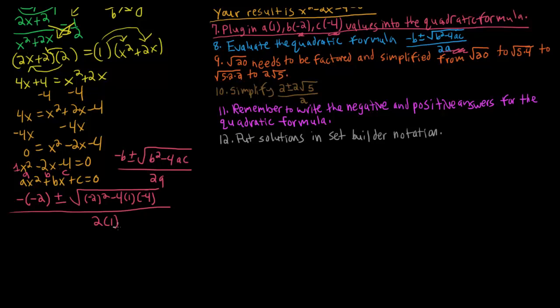And actually right here this a almost looks like a 9. It's a little bit sloppy, so let's just clean that up and make sure it looks like an a. There we go.